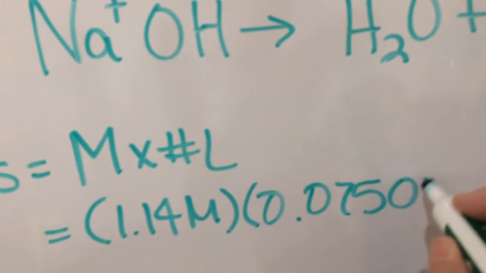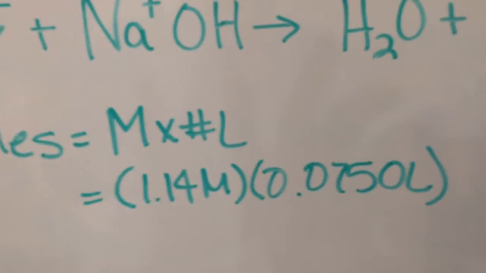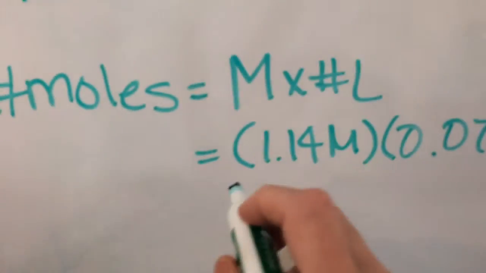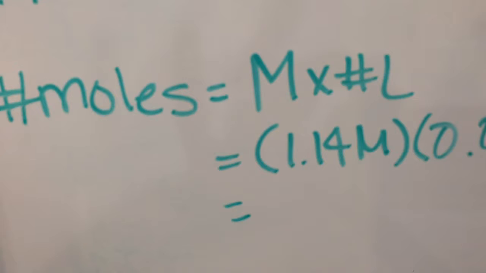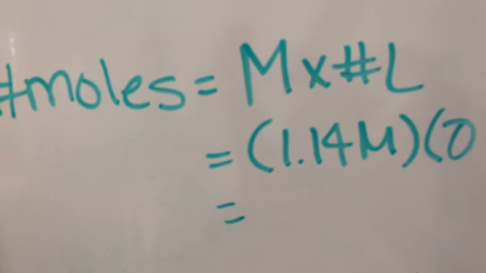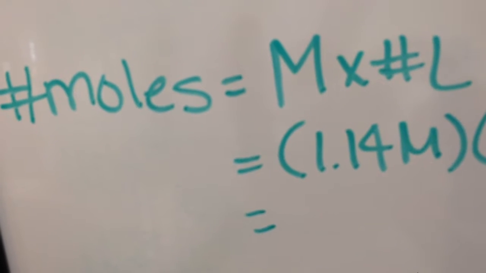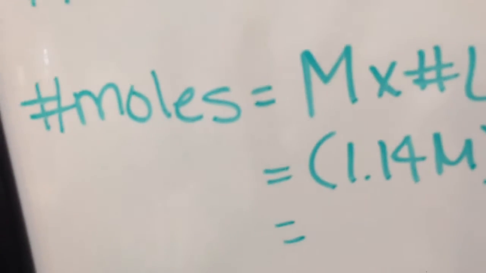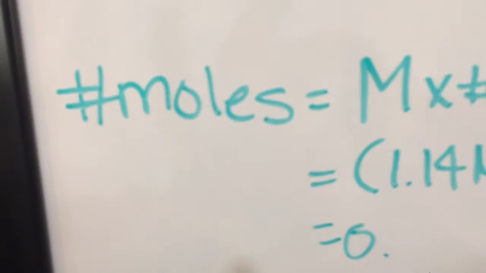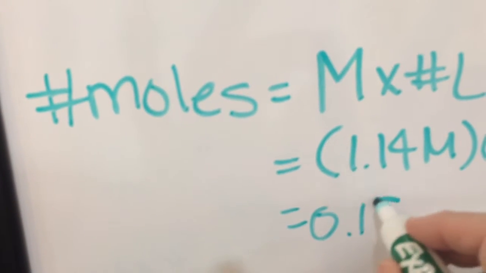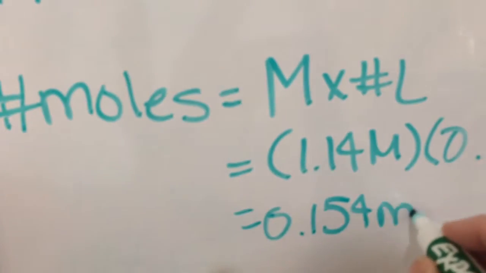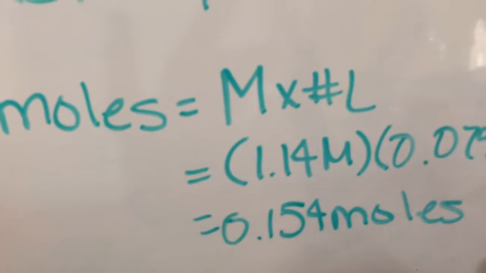If I multiply that out, now I know that my number of moles is going to be 0.154 moles of HBr.